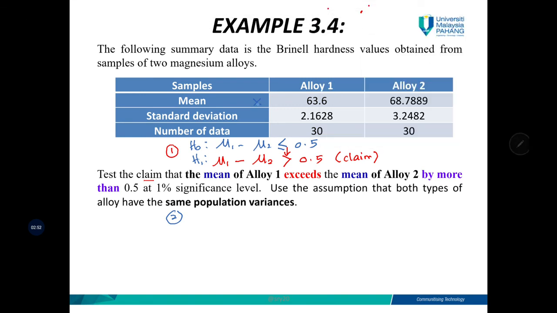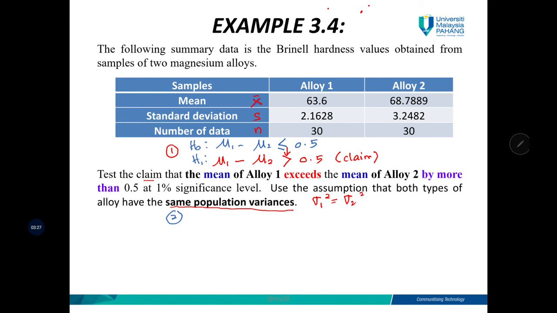The notation used is X bar, standard deviation is S, and number of data is N. The other information given is the assumption on the equality of the population variance. This tells us that sigma 1 squared equals sigma 2 squared.